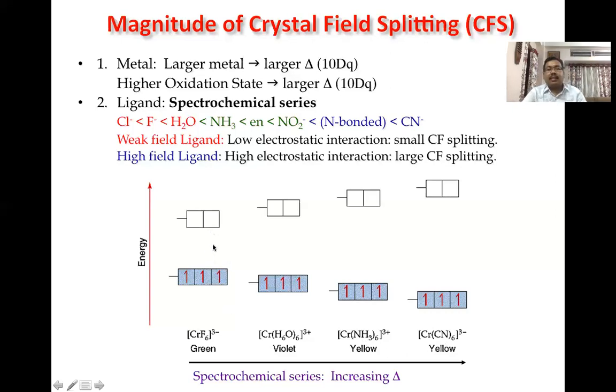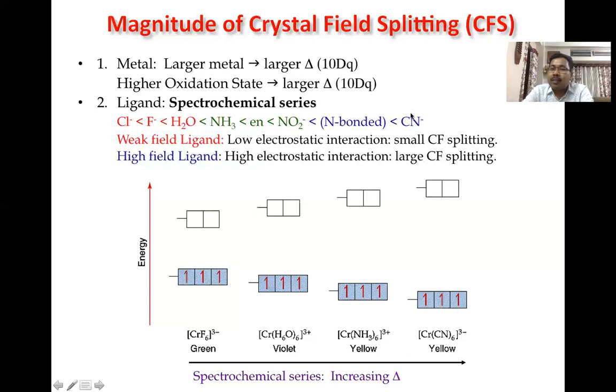But here you can see that the gap between these two sets of orbitals is different. Here we see the least crystal field splitting, that means the delta value is minimum. If you move to the next compound, the splitting is a little bigger, and even more in Cr(NH3)6. It is maximum in CN6, because in this complex chromium is associated with 6 cyanide ions.